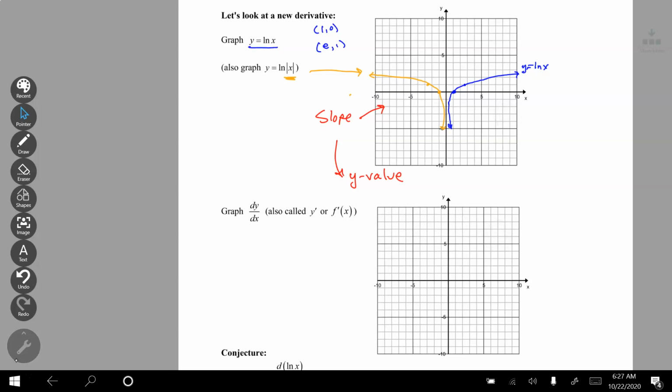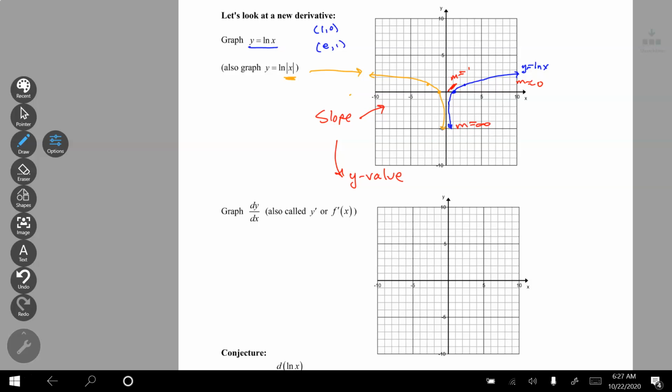And if I pay attention here, let's look at the blue graph. This slope here is very large. It's like almost infinity. This slope here is maybe about 1. And the farther I go out, the slope gets closer and closer to 0.